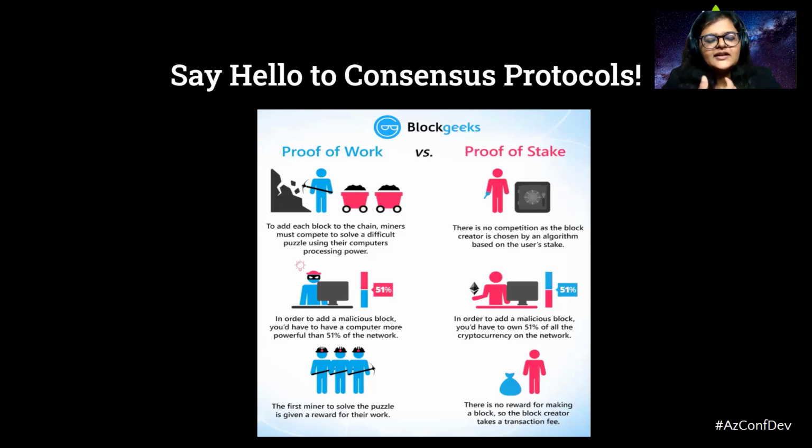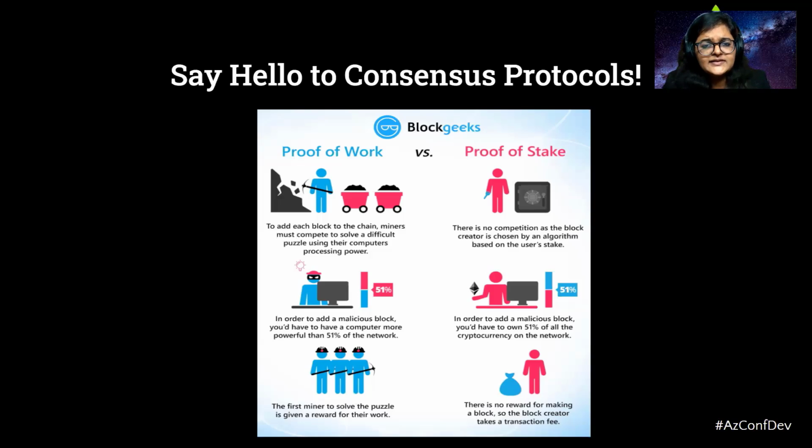Proof of stake is a consensus protocol where there is no competition or there is no concept of miners. Why? Because the block creator, that is, whoever adds the next block, is chosen through an algorithm based on the stake of the user. So, what that means is the more stake you have in a particular blockchain network or in a particular ecosystem, the more likely it is that you will be selected to choose the next block.